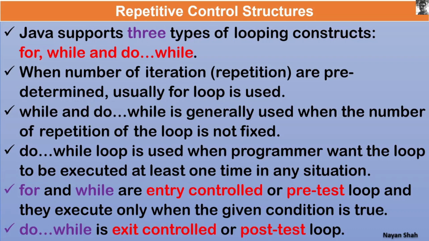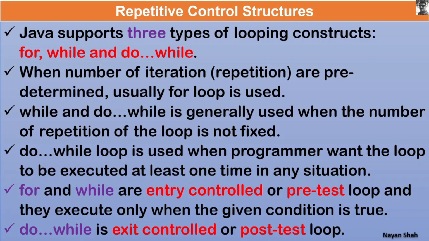So for and while are entry controlled or pre-test loops, meaning the condition gets checked before you enter the loop. And if at the beginning itself the loop condition is wrong, then you will not be allowed to enter the loop.